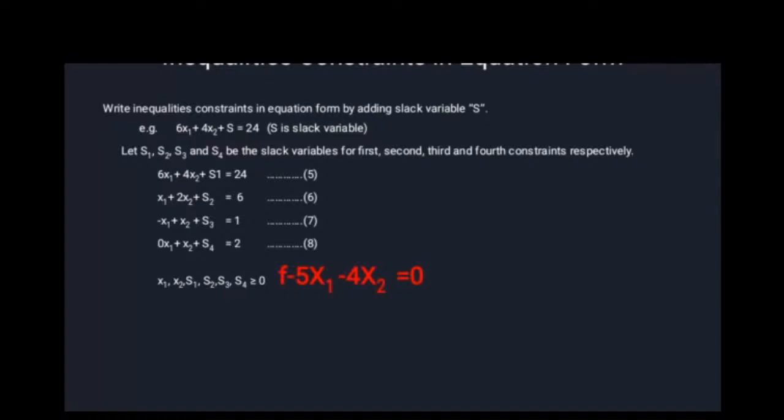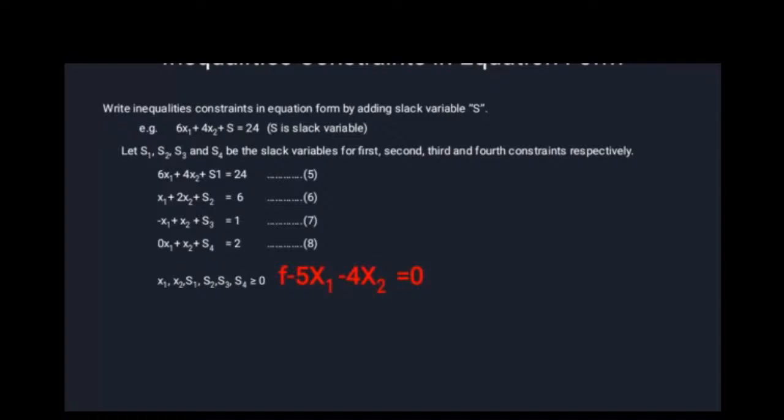Let s1, s2, s3 and s4 be the slack variables for the first, second, third and fourth constraints respectively. So our constraints would be 6x1 plus 4x2 plus s1 equal to 24, x1 plus 2x2 plus s2 equal to 6, minus x1 plus x2 plus s3 equal to 1, 0x1 plus x2 plus s4 equal to 2.